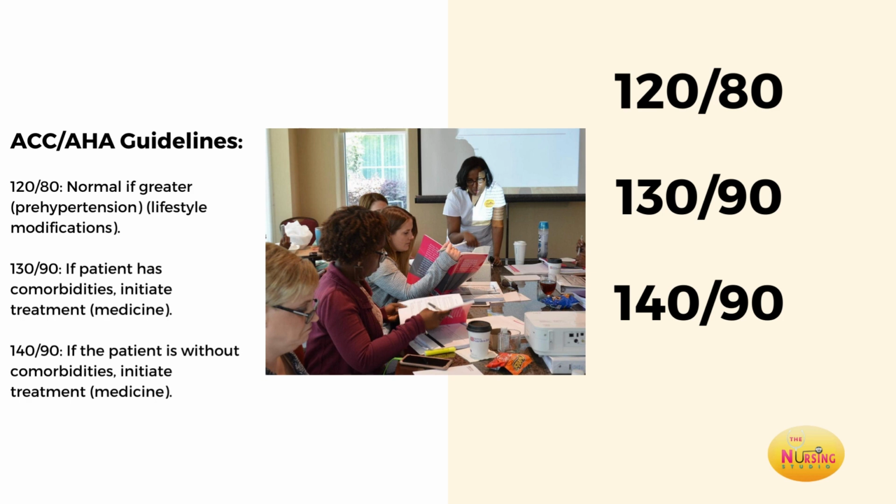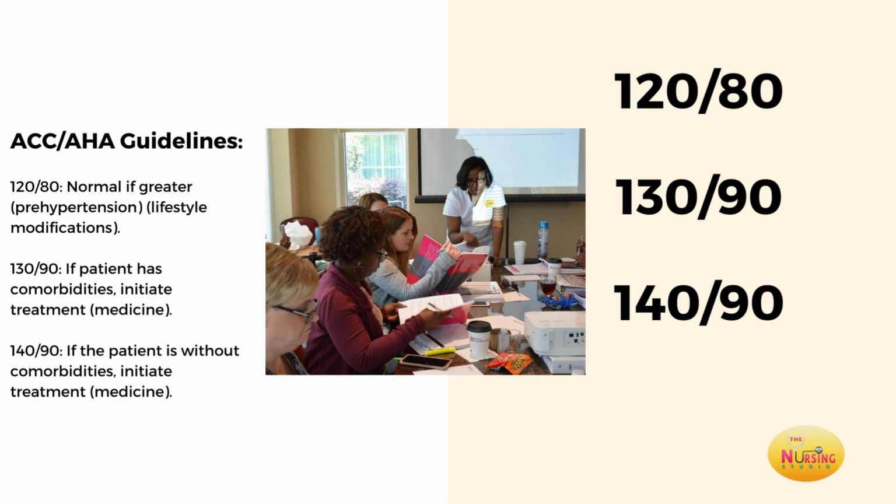So we have always known that our golden number is that 120 over 80. I don't care how things fluctuate. That's that number that we have always had as a marker. And with this, it still is in play. So if it is greater than 120 over 80, I tell everybody to think of this as the pre-hypertension phase, okay?